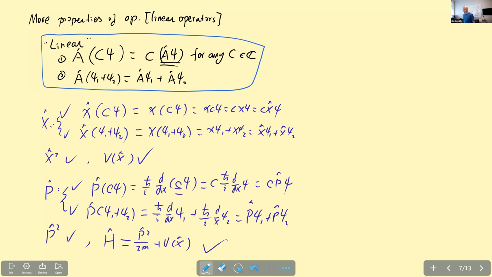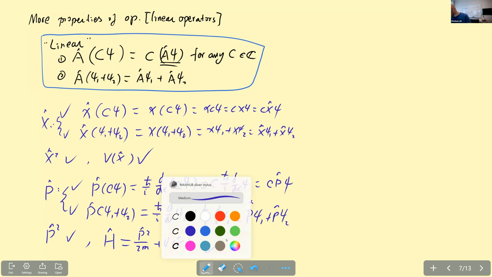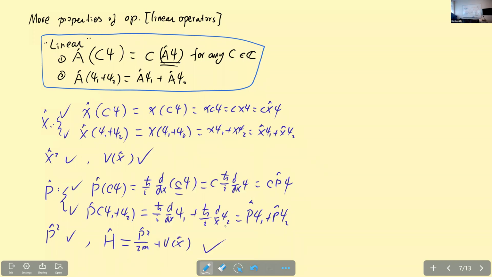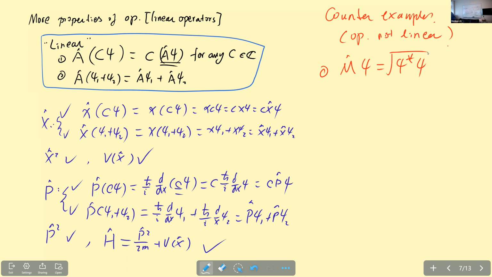And you may wonder, are there any operators which are not linear? Let me give you a few counterexamples. Operators not linear. For example, let me define the operator M acting on psi. I define this one as just taking the modulus.